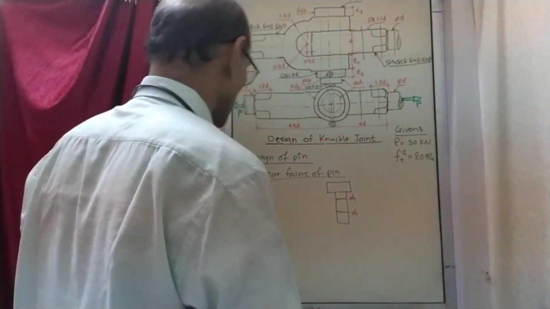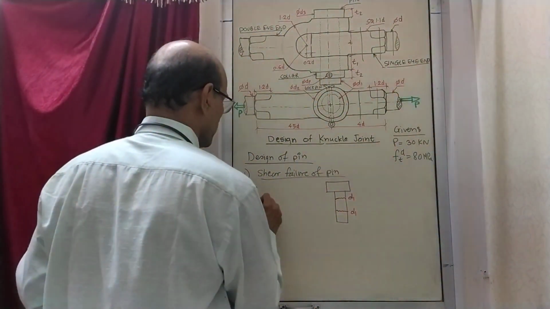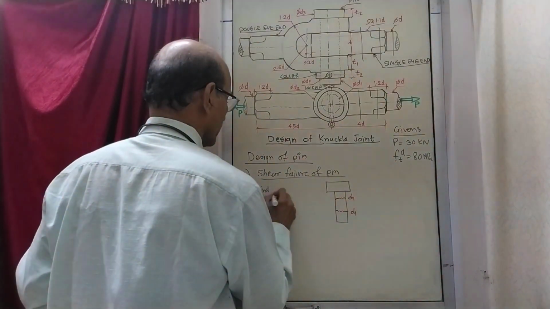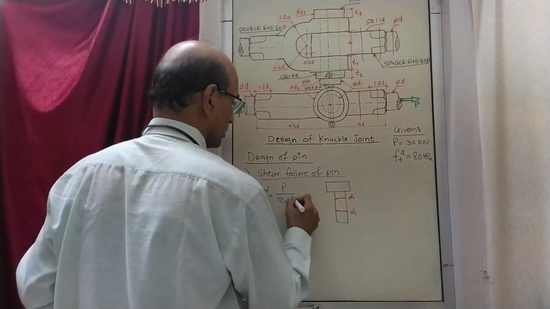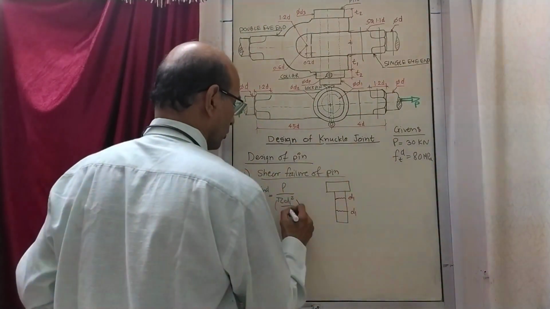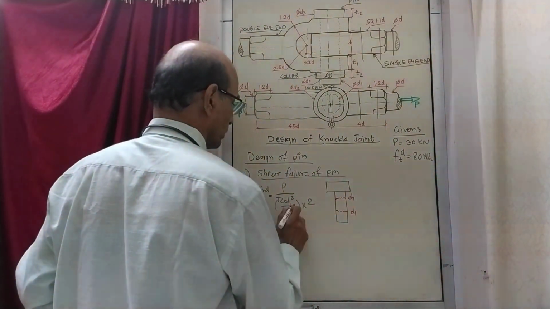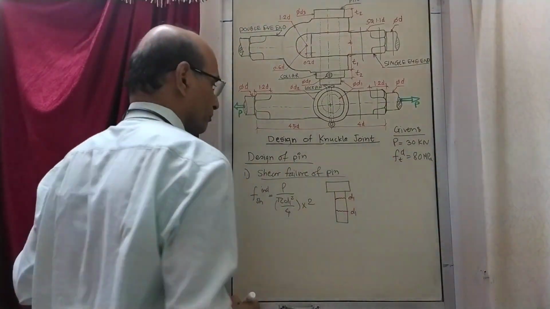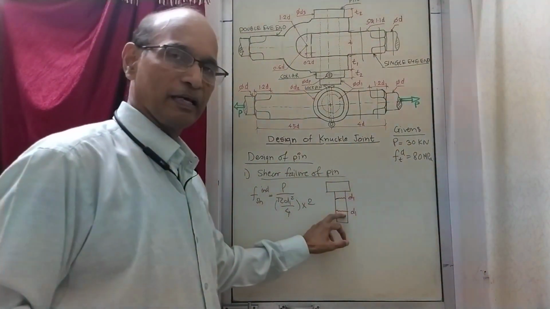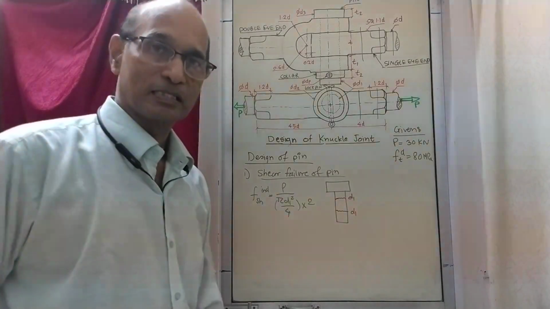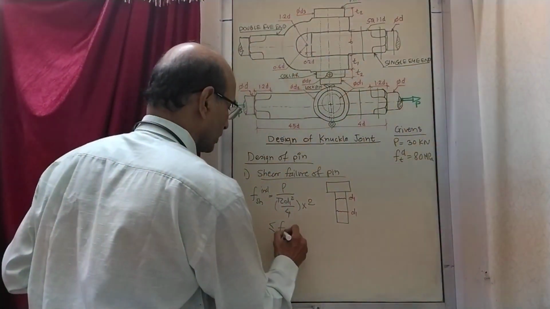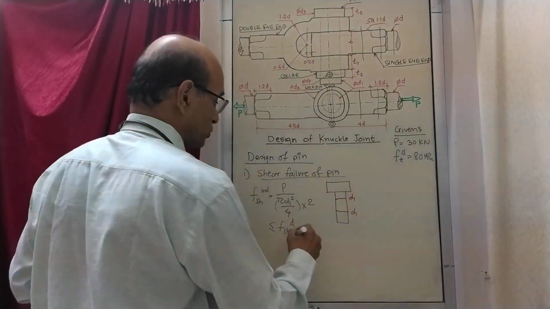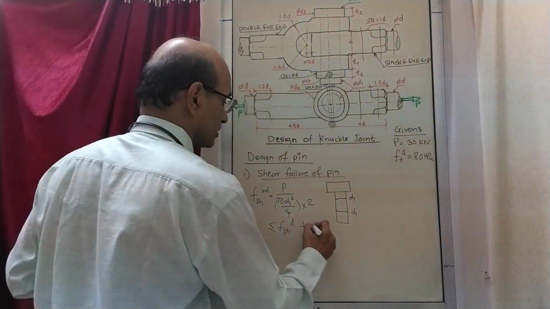So the equation goes like this: the induced shear stress is equal to the load upon this area, pi d1 square by 4, taken 2 times. One area here and this area here, both these areas together are resisting the shear stress, and this should be less than the given design stress to make it safe.